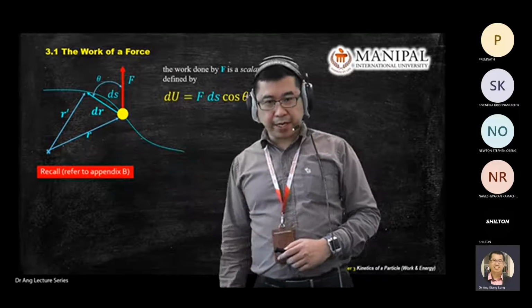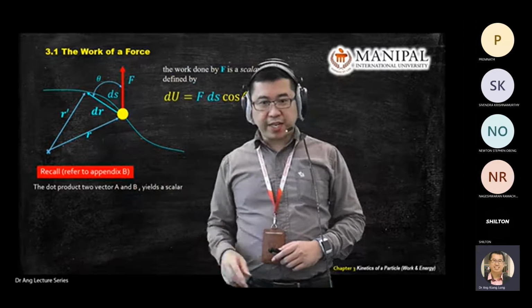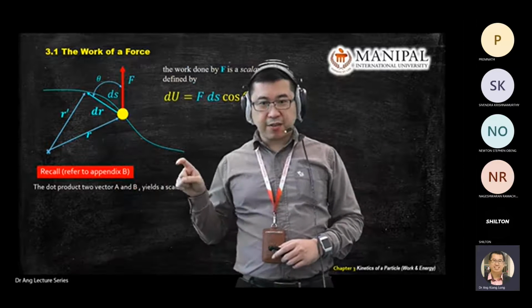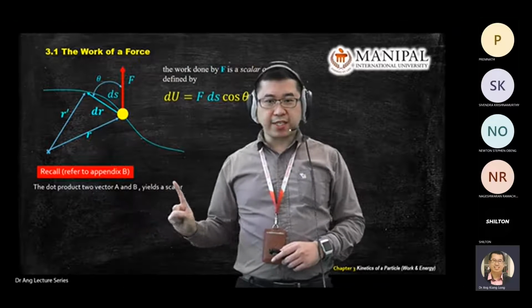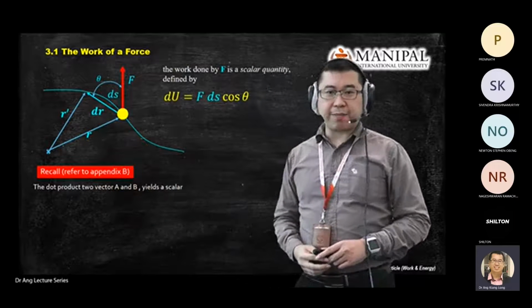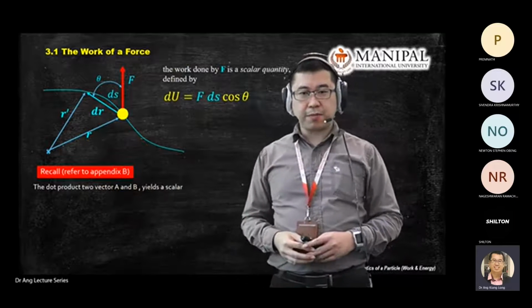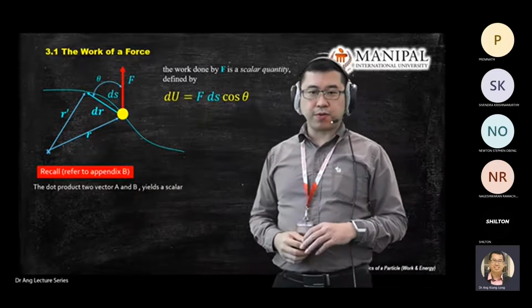Recall there is an appendix B. The dot product of two vectors is a scalar. If you do not understand why the dot product of two vectors is a scalar, go ahead and refer to appendix B that I uploaded into the Teams folder, under either lecture notes or tutorial.